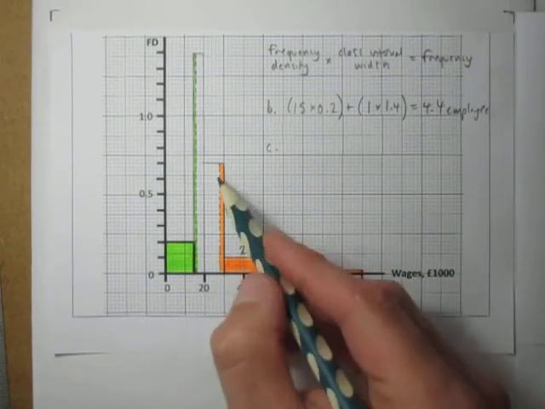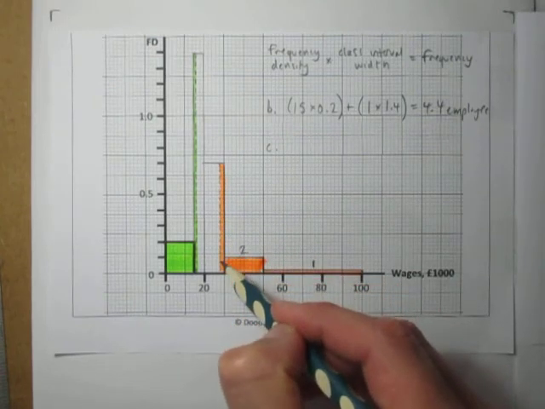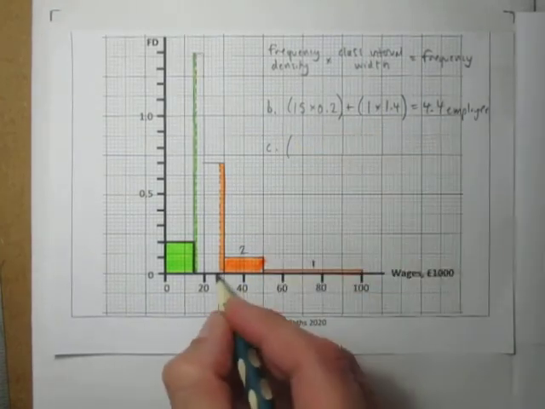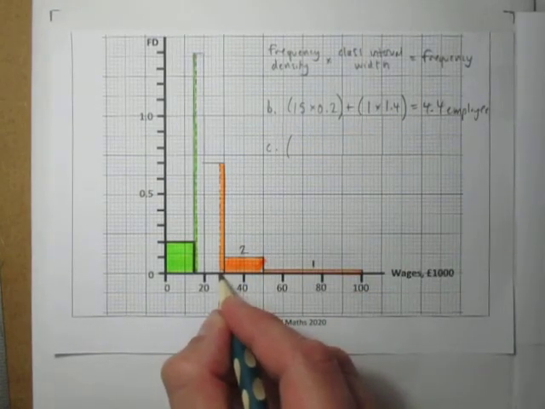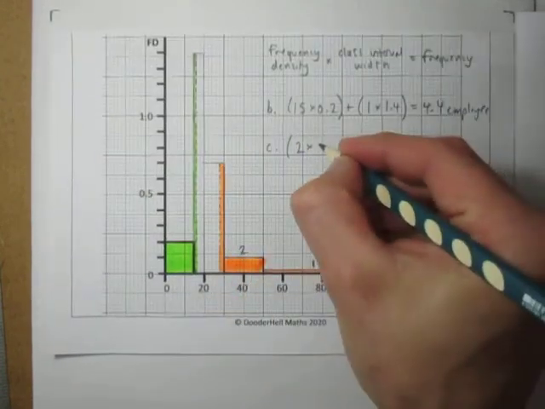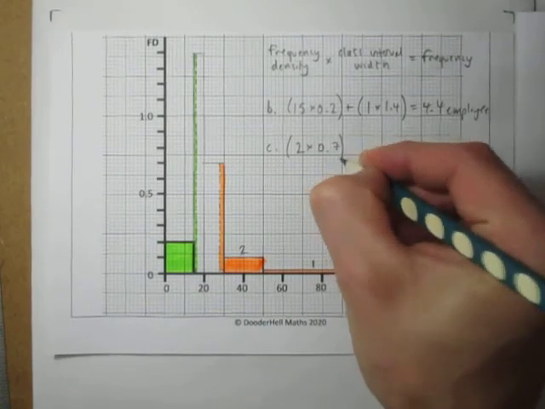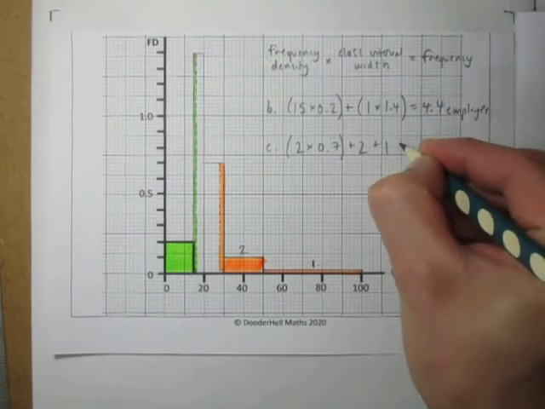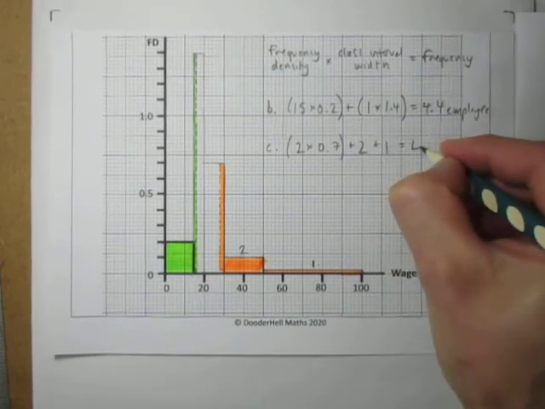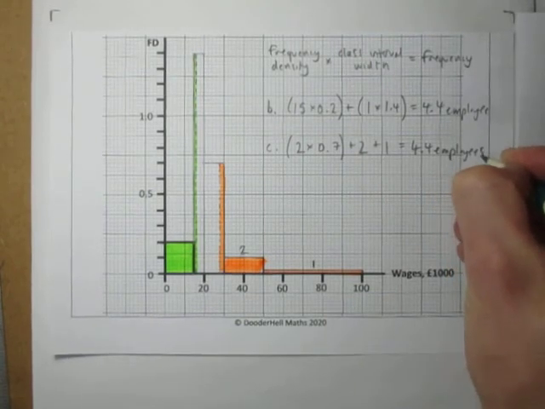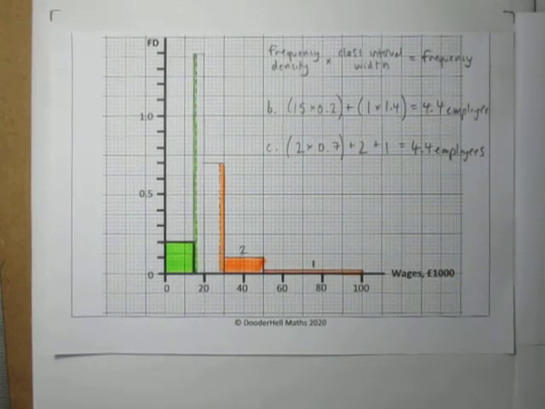What we want to know is what frequency is represented by this thin strip here. So all we need to do for that is the width of this bar here, which is 2, times by the frequency density, which is 0.7, add the 2, add the 1 person here, and that should give me, again, 4.4 employees, and that is just coincidence, that number happens to be the same as for B.